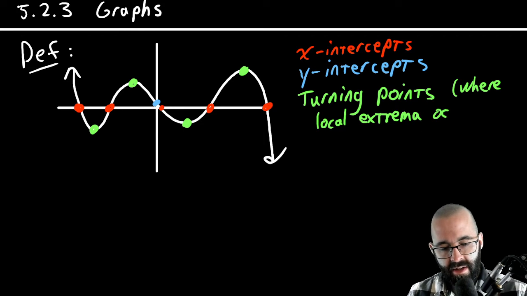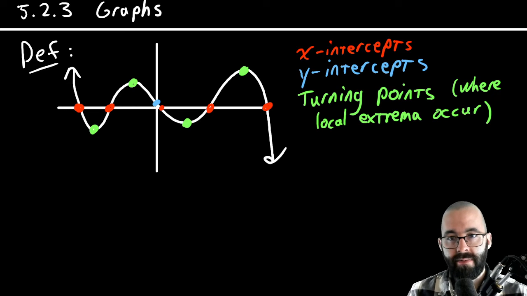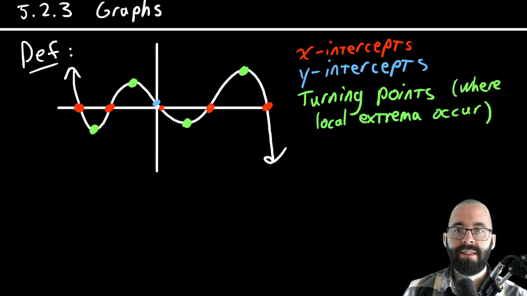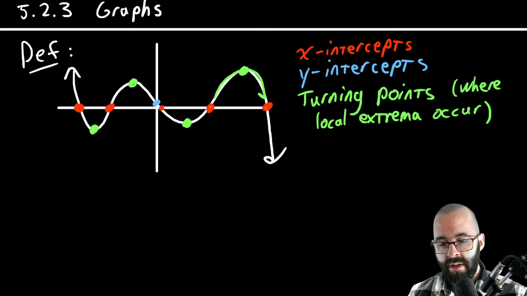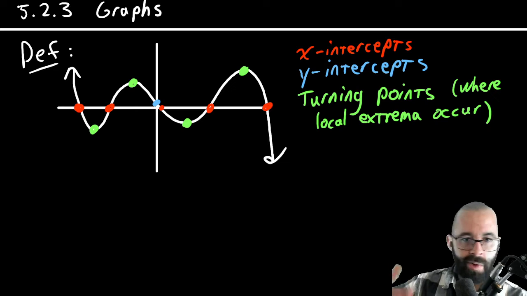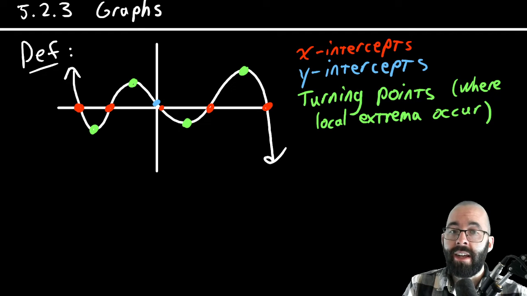I want to make sure to be really precise for you guys. And all it means is where the graph turns from going up to going down, or from going down to going up. If we're going down and then we start going up, that's locally our minimum.